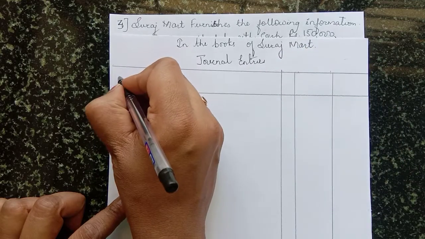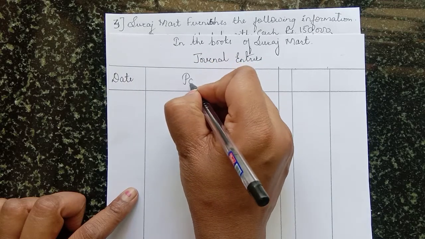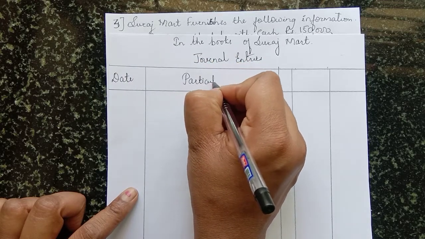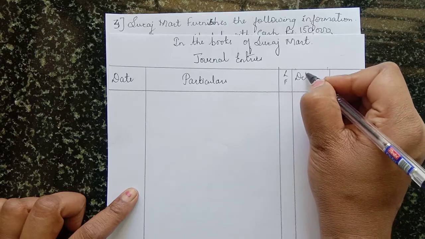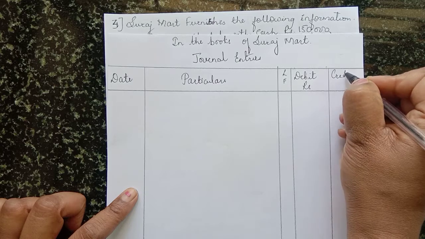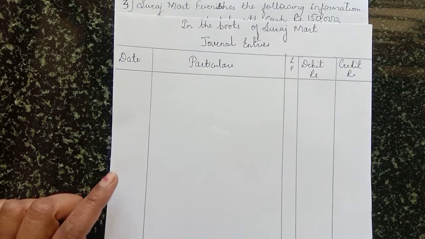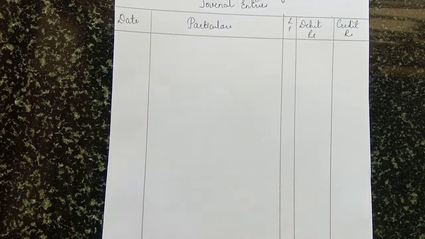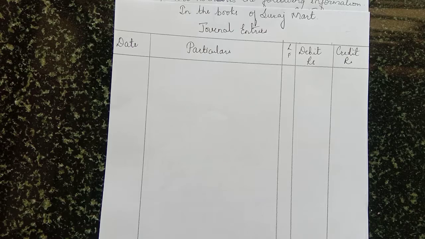Now write the column names: date, particulars, LF, debit rupees and credit rupees. Yes, the format you have to draw. Okay, full page I have drawn. Next page also I have drawn, for continuation of the problem.